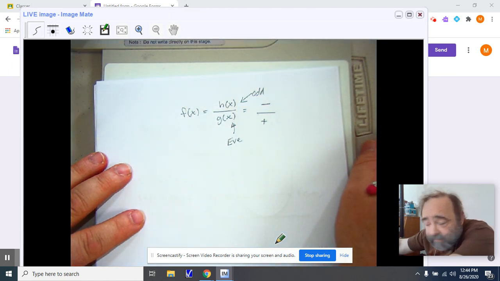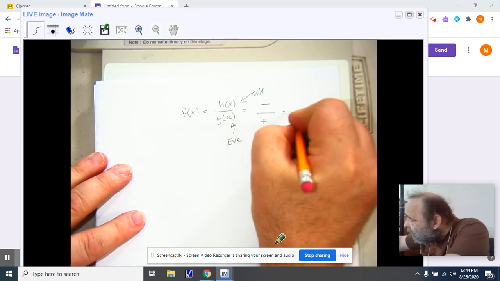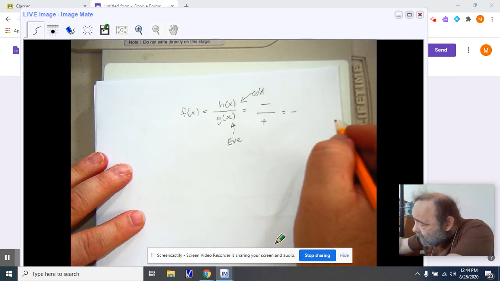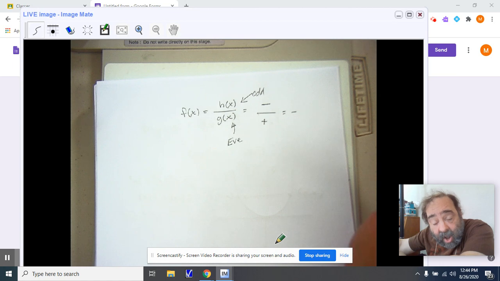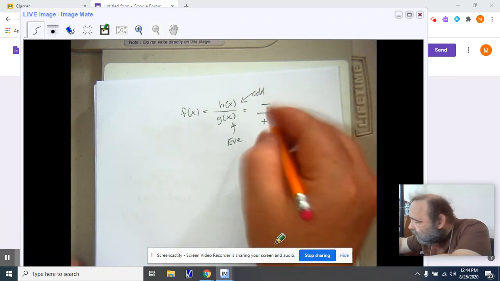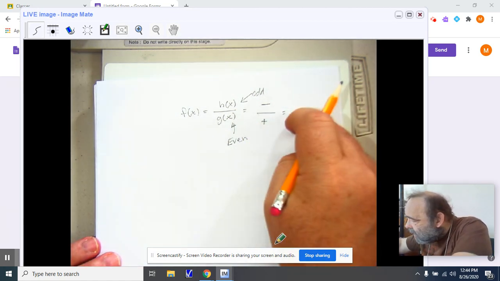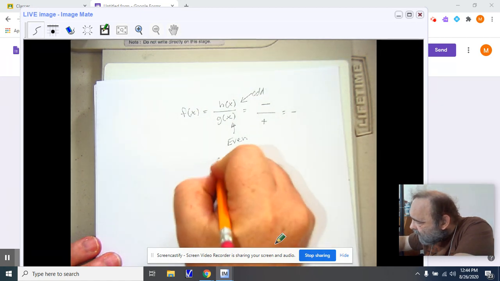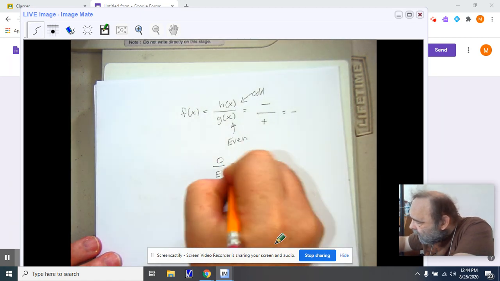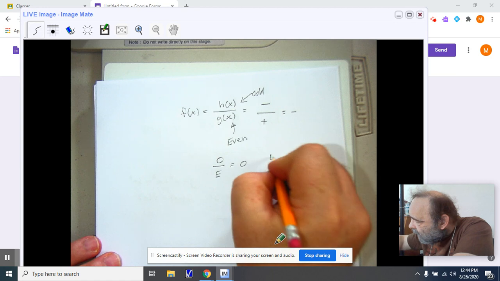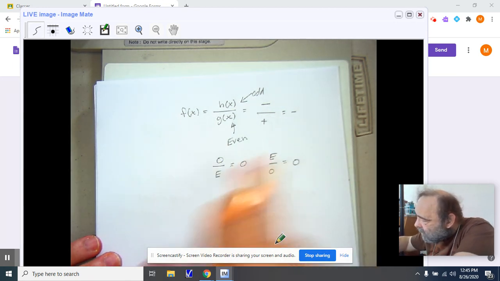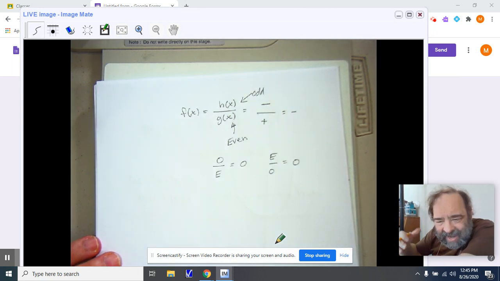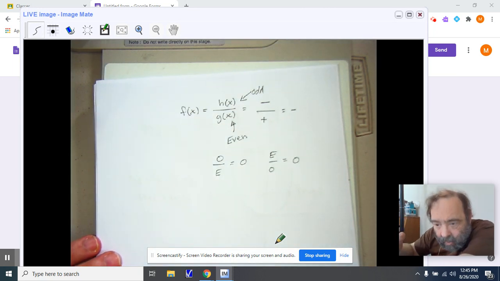Now notice a negative over a positive is a negative result, and as a consequence, we would say that an odd function over an even function is an odd function. So I like to look at it as odd over even is odd, even over odd is odd. Notice that the two functions are in essence opposites, so one of each category of symmetry.